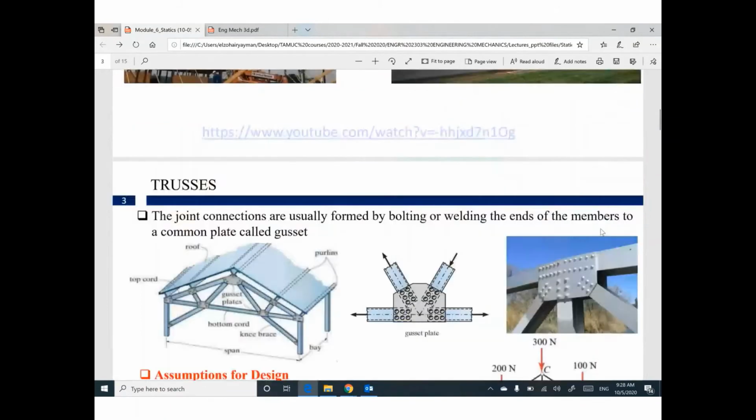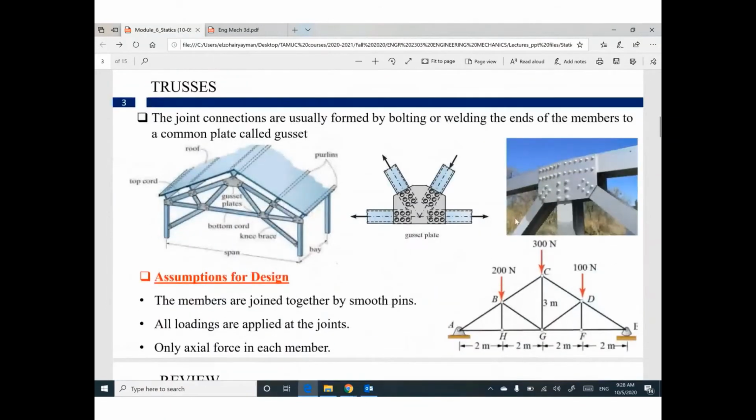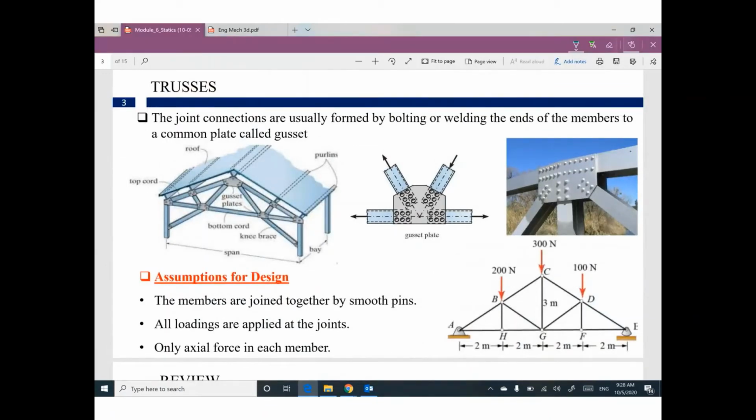Here is the real joint. Can you watch this one? Here is a member. We have a vertical member, another inclined member, this member, and this member. All of these members, how many? 5 members. All of them are connected by this plate called a gusset plate. This gusset plate is bolted to this member by these rivets or sometimes bolts.